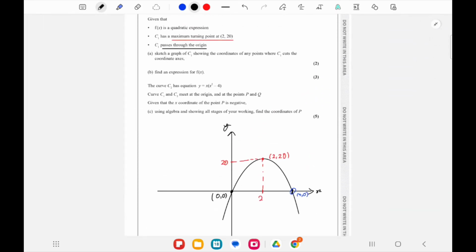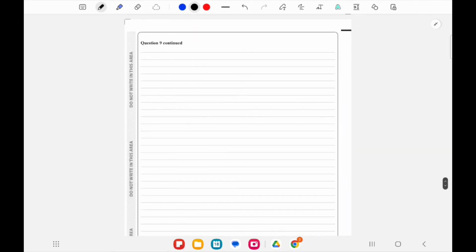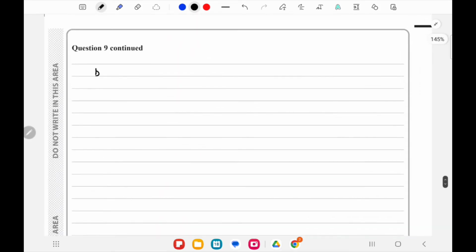Now we have to find an expression for f of x. So we can write f of x as k times x times x minus 4, and we know that f of 2, which is k times 2 into 2 minus 4, is 20.